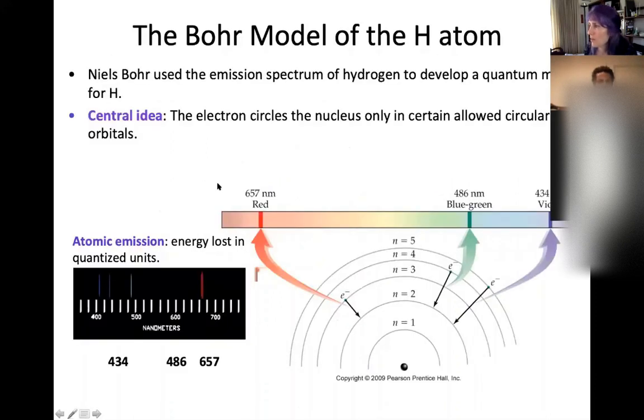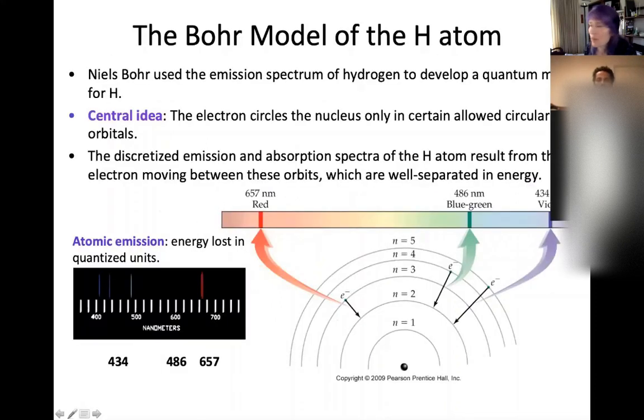So this is what we see. This kind of a spectrum, you see how only some lines are showing. Those correspond to these transitions. So if we had continuous light, like a light bulb, we would see all of the colors, the whole rainbow.